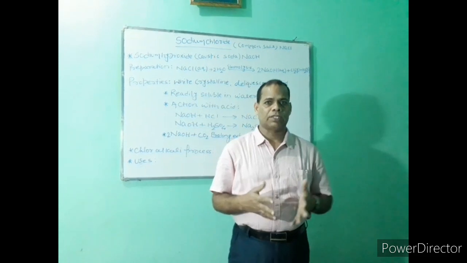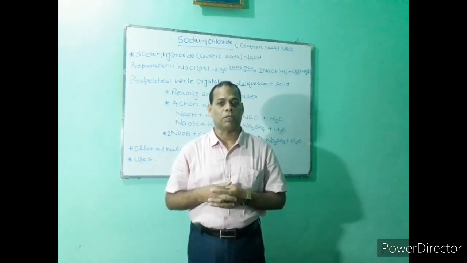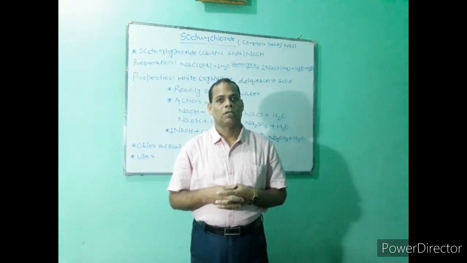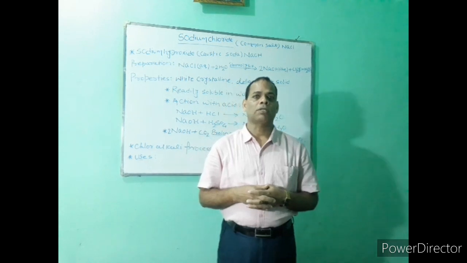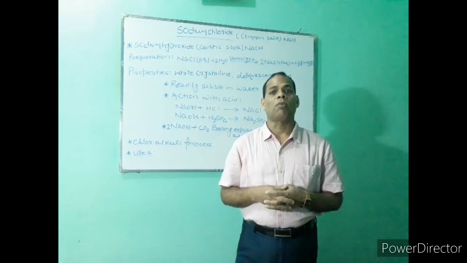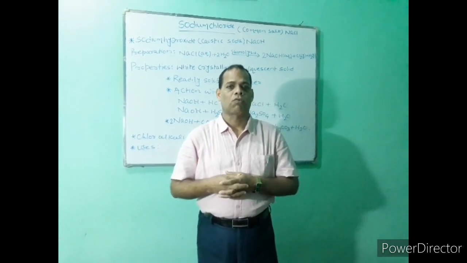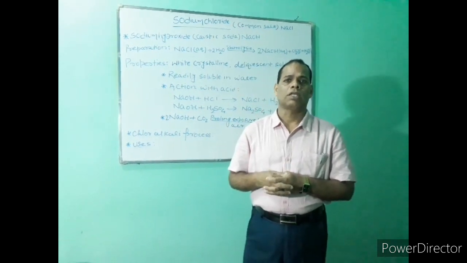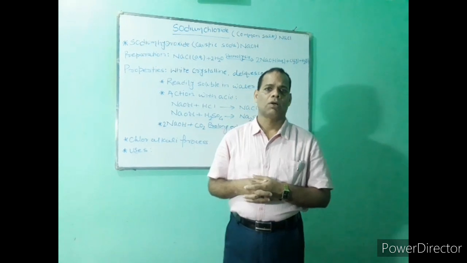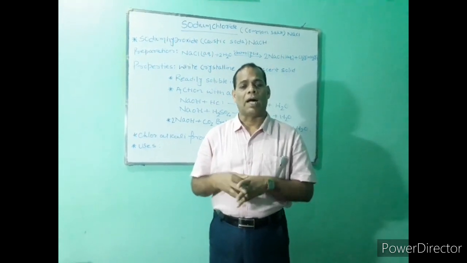So, we are discussing continuously about the important chemical compounds. One of the important chemical compounds is common salt, which we use in cooking food, or it is also called table salt.